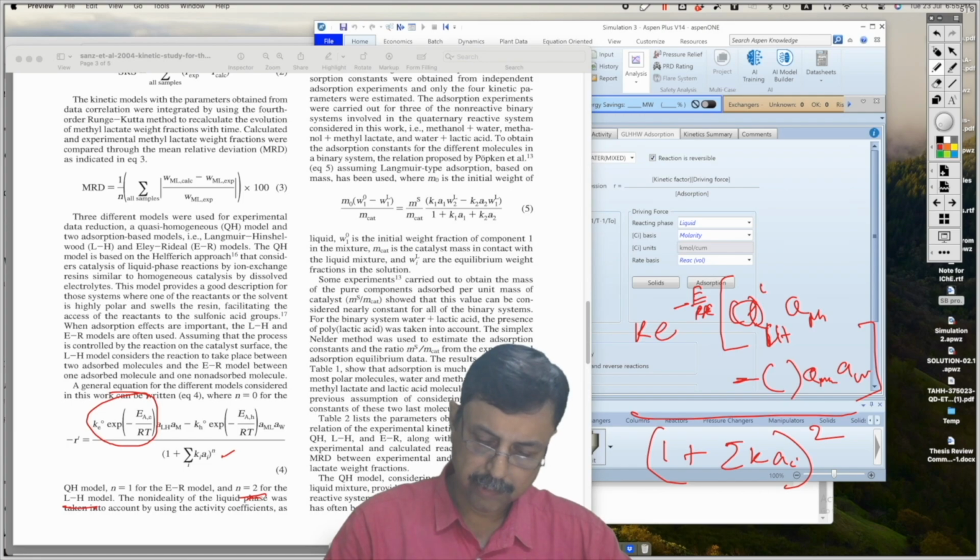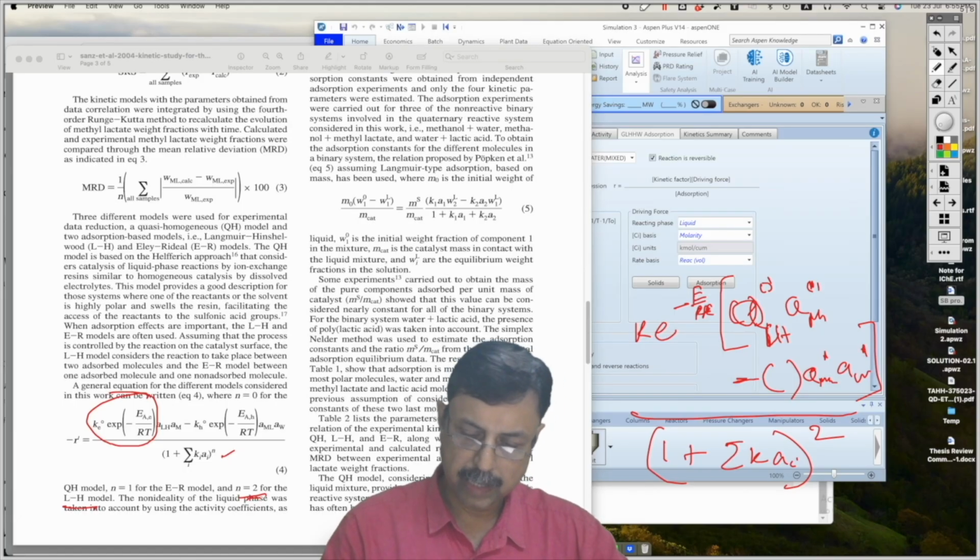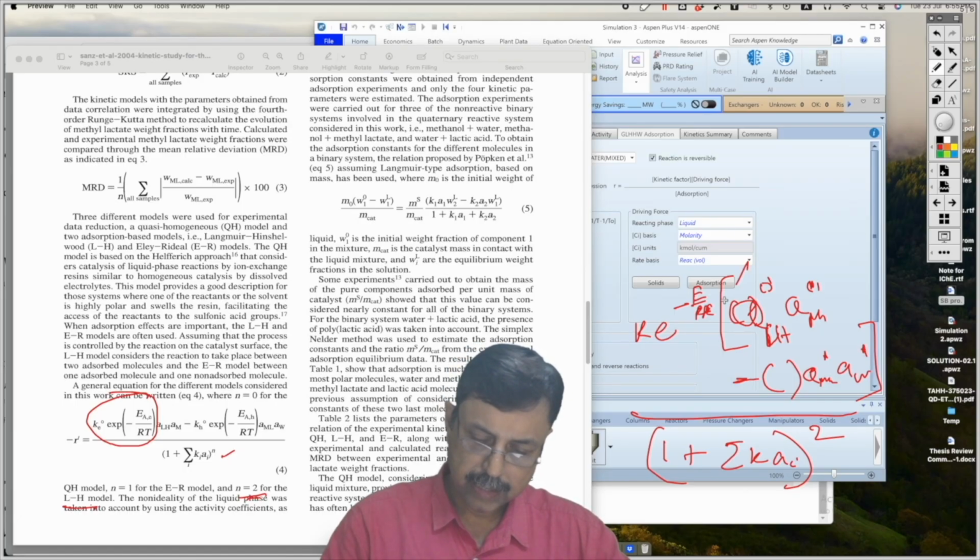So this is exponent 1, this is exponent 1, this also is exponent 1, this is exponent 1. For the forward reaction there is nothing, it is 1. But for the backward reaction we have 0.0176, okay, for this one.